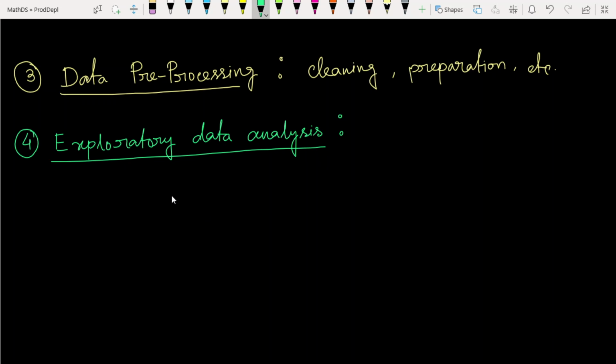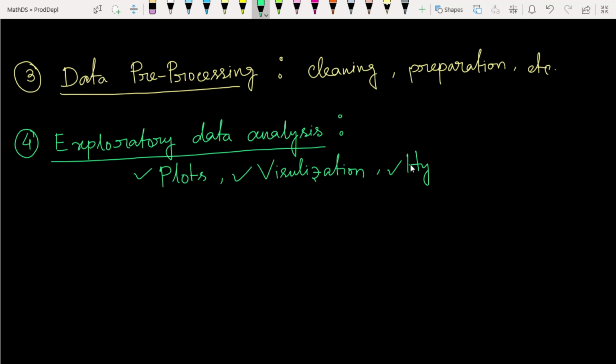Okay, exploratory analysis means plotting the whole data that we have acquired, the visualizations, and hypothesis testing. We have assumed some things, so we are testing whether these assumptions are actually correct for our data sets or not.